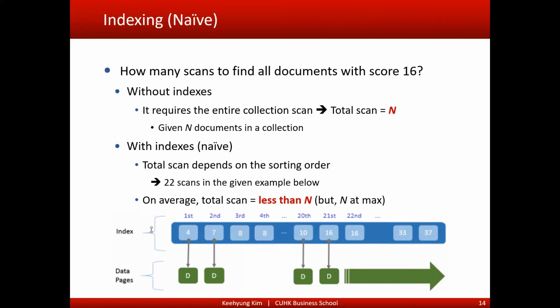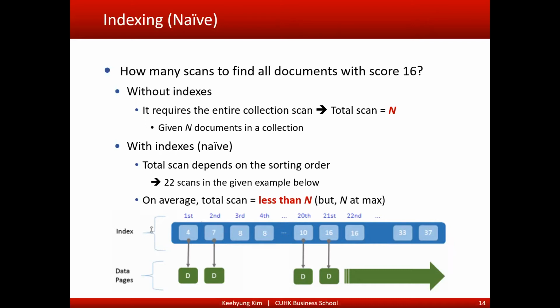We have to go through the collection, look at each document, and check whether this person's age is 16 or not. If we assume that we have n users, then the total number of documents we need to scan will be n, because we have to scan everything. So that's when we don't have an index.